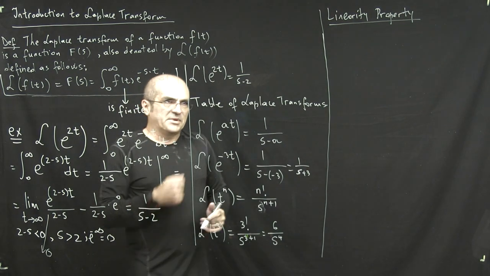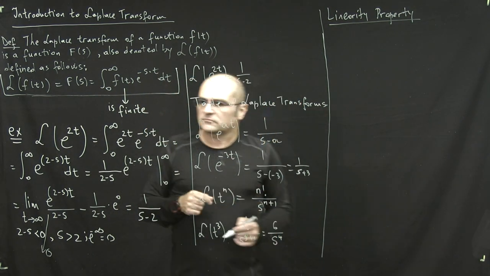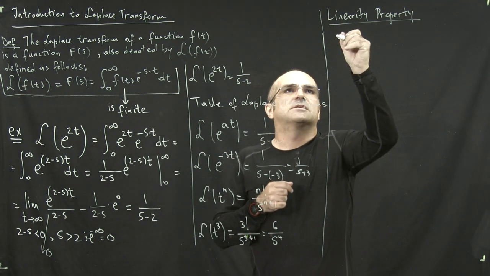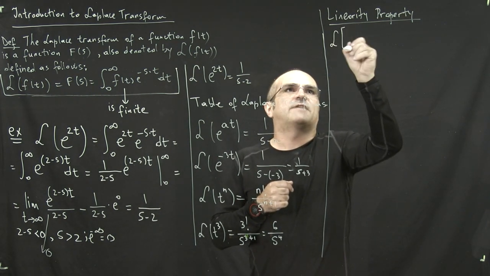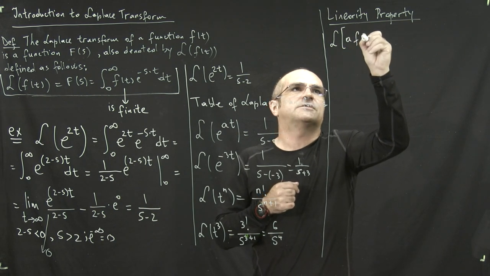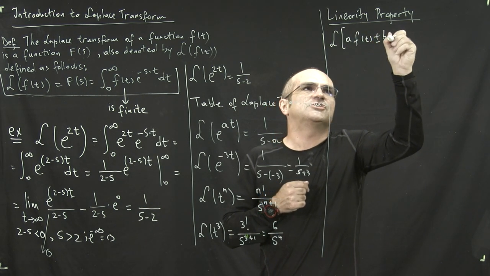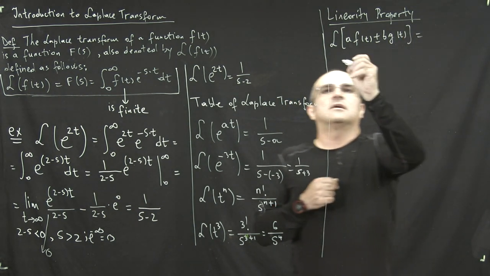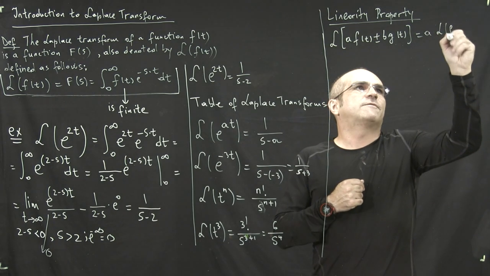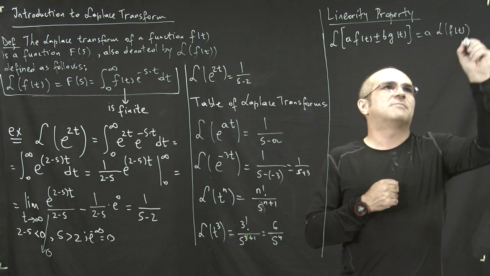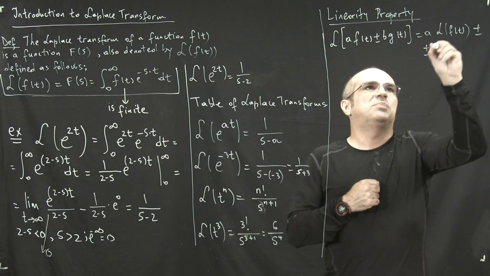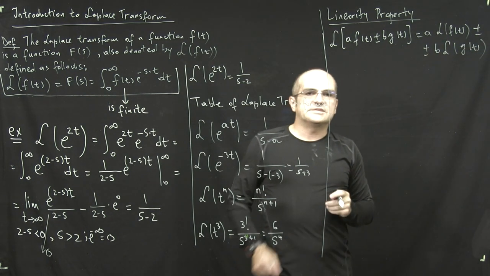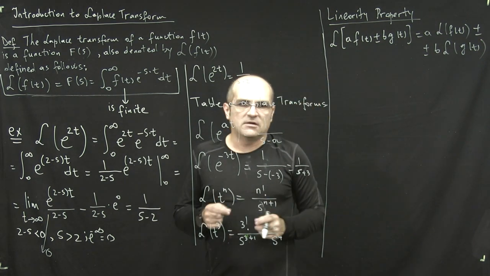The linearity property states that the Laplace of a linear combination of functions, say a f of t plus or minus b g of t, is equal to a times L of f of t plus or minus b times L of g of t. So you can distribute the Laplace transform over a linear combination.